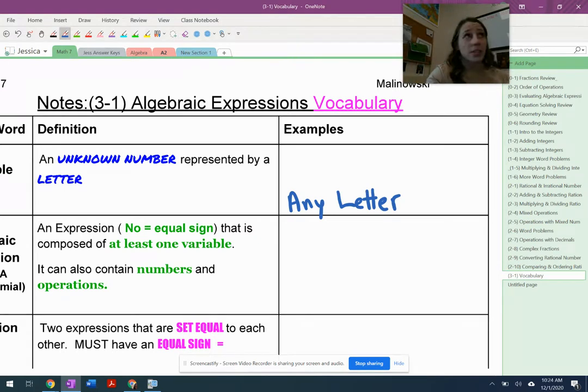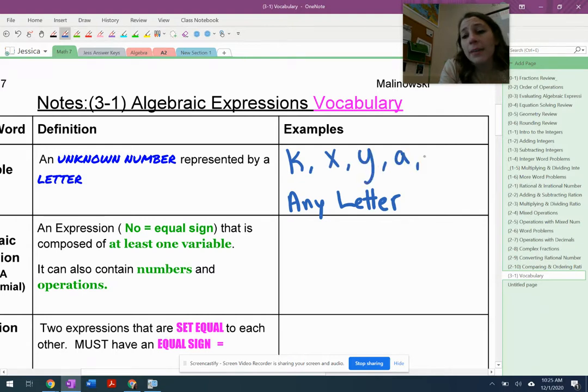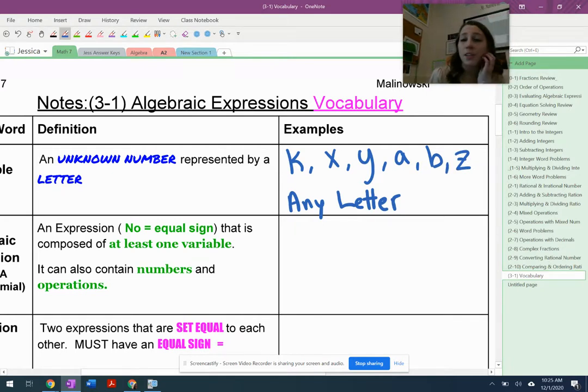Like O looks like a 0, so we kind of stay away from O. S's can get a little sketchy and can look like 5, so we try to stay away from those. But it can be any letter. It could be K. The most common ones are X and Y. You might see A and B, Z's. There's really any letter that you can use, and they just all represent an unknown number.